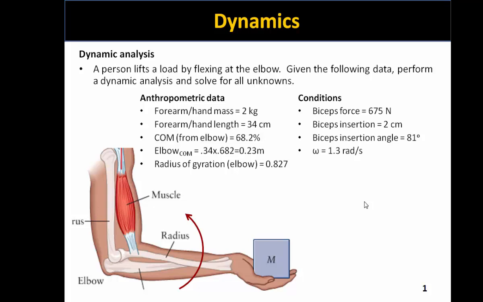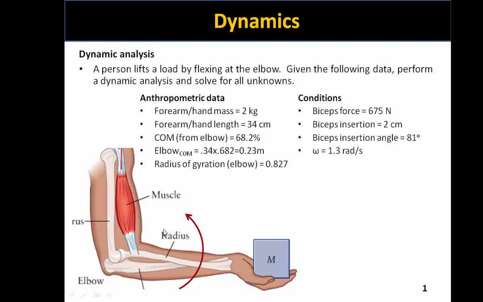The final condition here is that the motion of the forearm and hand is captured to have an angular velocity of 1.3 radians per second. And so if you encounter data in degrees per second, those data must be converted to radians per second.